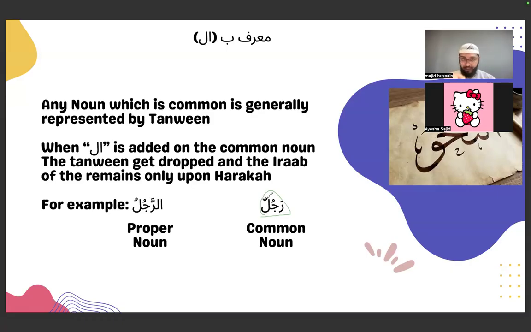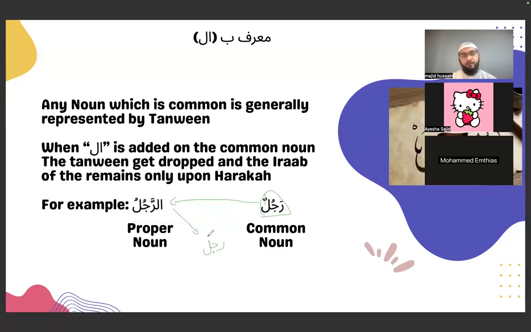But when I have to change this to a proper noun, there is a rule. The rule is, I will drop the tanween and convert it into dhamma. So I'm just writing here, Raju. It had tanween. I will drop it and convert it into only dhamma.